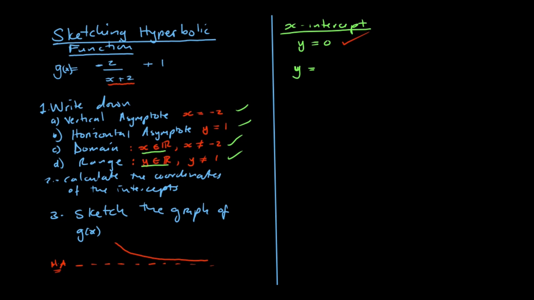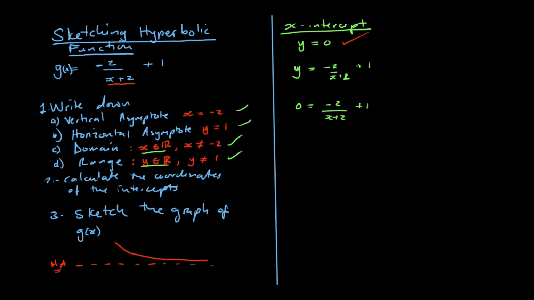So we have minus 2 over x plus 2 plus 1. Where are we putting 0? On y. So 0 is equal to minus 2 over x plus 2 plus 1.